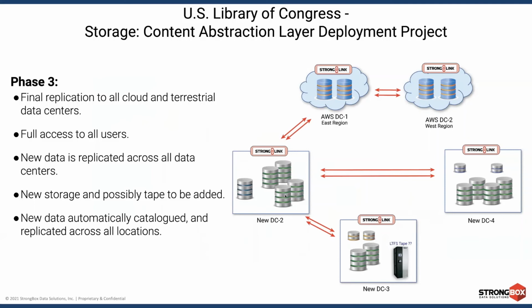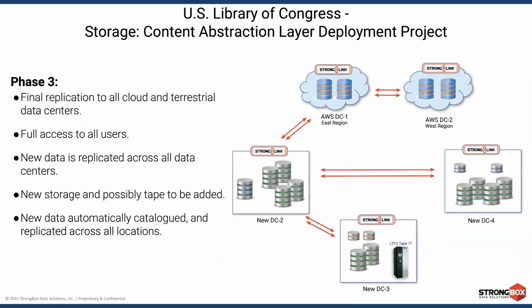And from there, replicate that to cloud, 17 petabytes in 2 instances in the cloud. And then now expanding in phase 3 of the project to other sites. They don't have to be identical. In fact, they don't know whether they want to use tape or not, and they don't have to make that decision now. StrongLink can adapt that at any time.